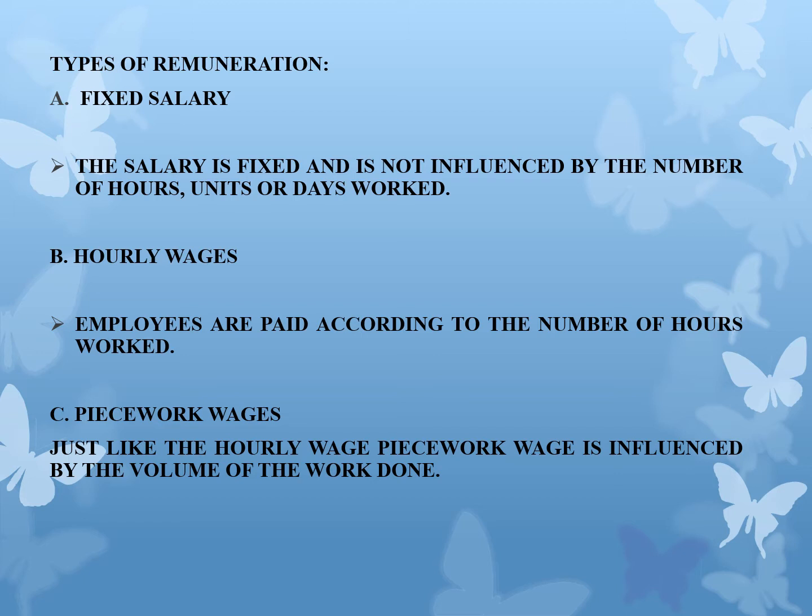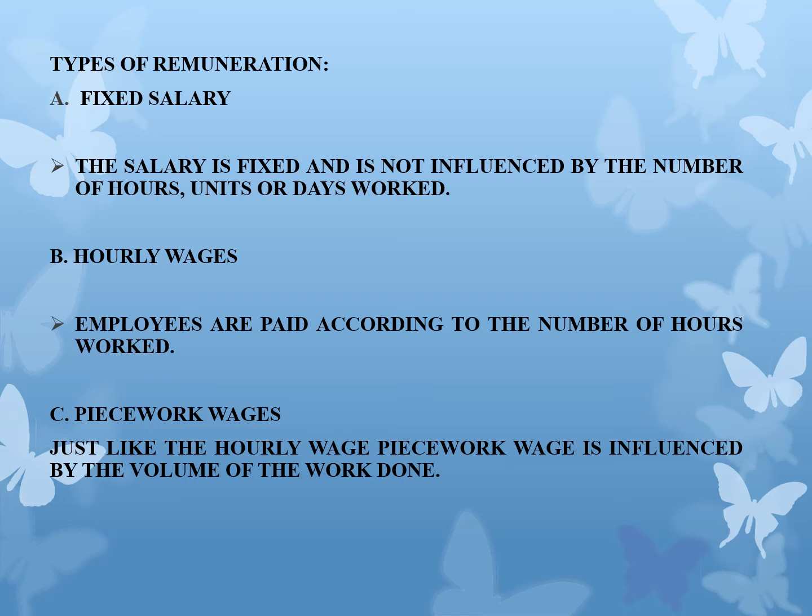Number 1, a salary can be fixed. By fixed simply means we do not consider the number of days or the number of hours an employee has come to work. The employee is still guaranteed his or her salary irrespective of the number of hours, units, or days worked. Number 2, hourly wages.